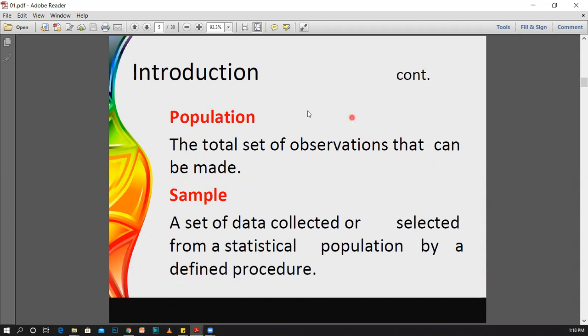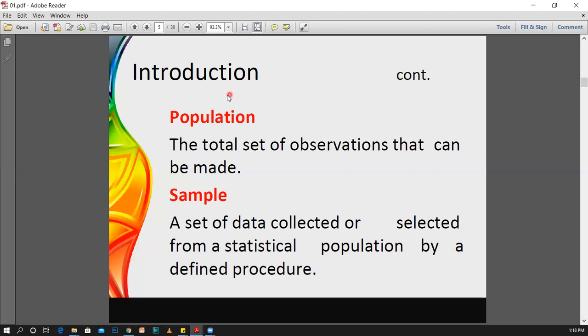But is it possible to collect the data from all the students? If the total area of interest for your experiment is Sri Lankan university students of first year, we can say it is your population. It is the total set of observations that can be made.